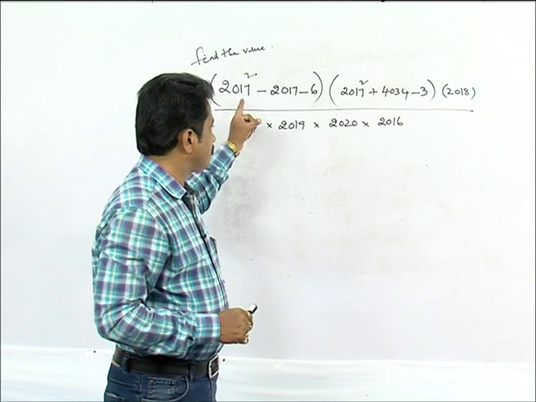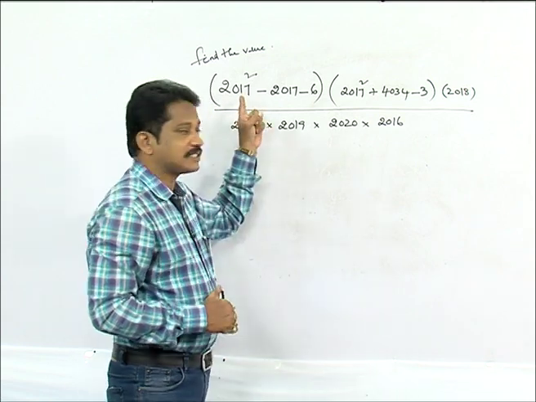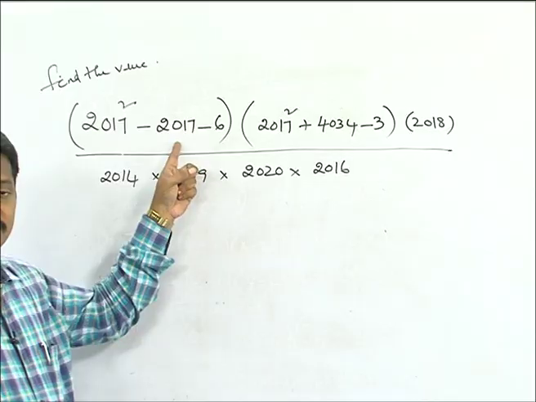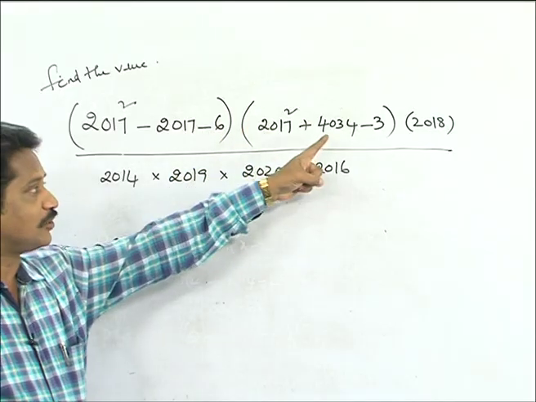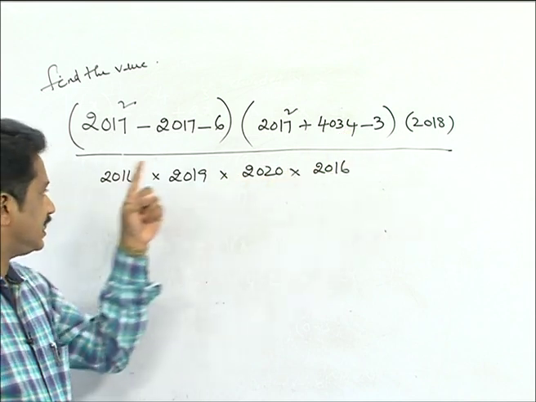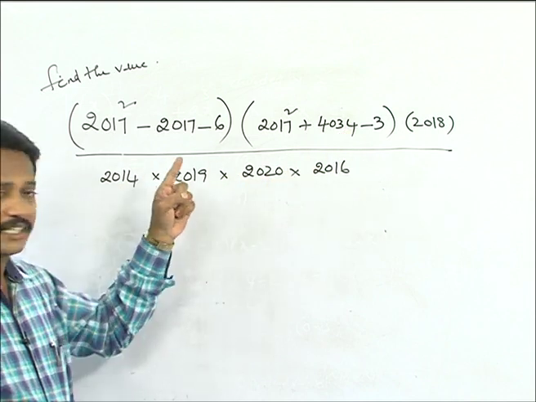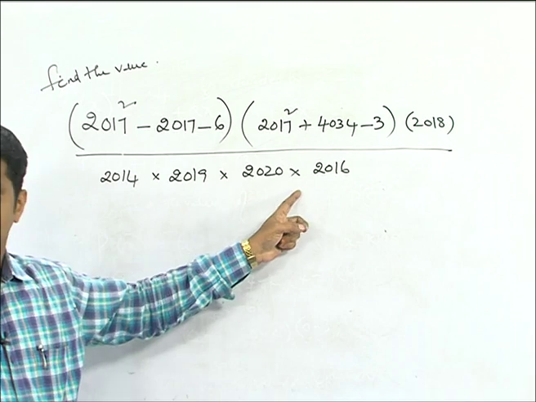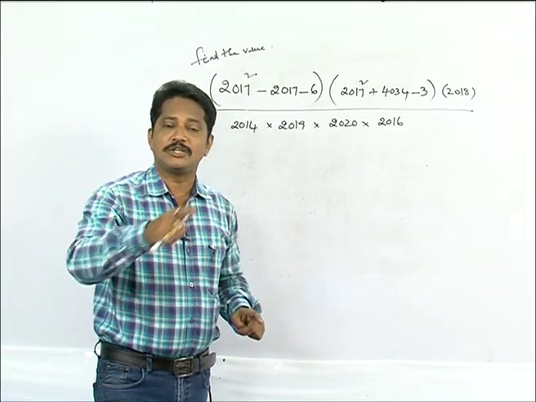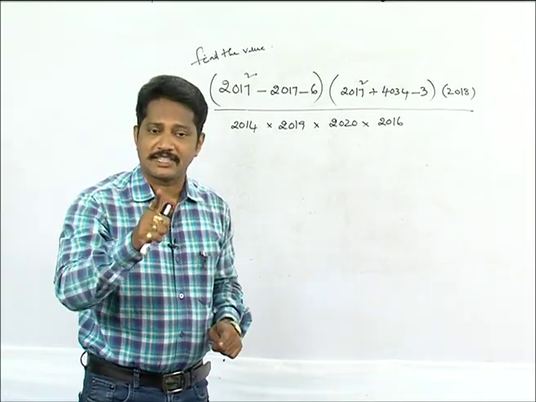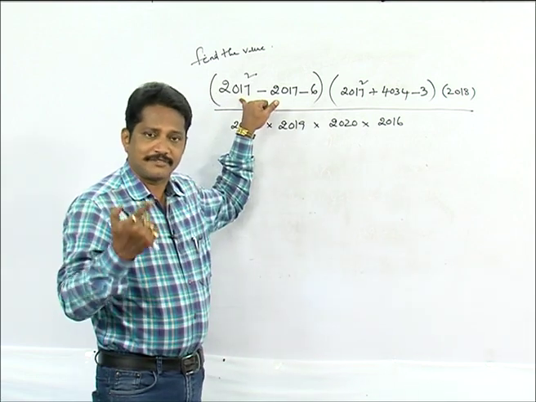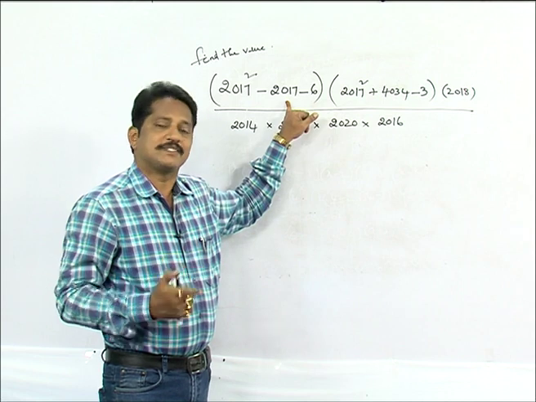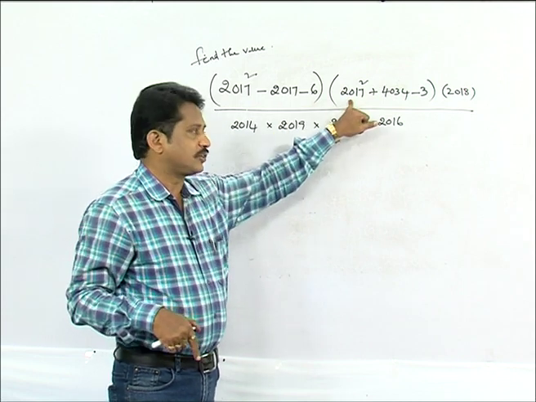So, when you observe this question, it is 2017 square minus 2017 minus 6 over 2017 square plus 4034, 2018, 2014, 2019, 2020, 2016. Each and every value can be expressed in terms of 2017. Am I correct or not? Check it. 2017 square means square of 2017. 2017 itself is 2017.